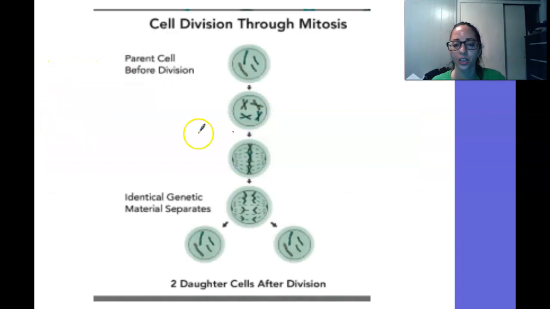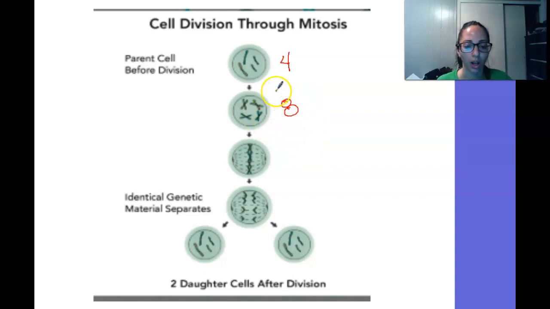Here again, this is a summary of cell division through mitosis. Here we have the parent cell, and there are 1, 2, 3, 4 chromosomes. In interphase we know that those chromosomes duplicate, right? Replication of DNA. That means in interphase we're going to have 8 chromosomes.